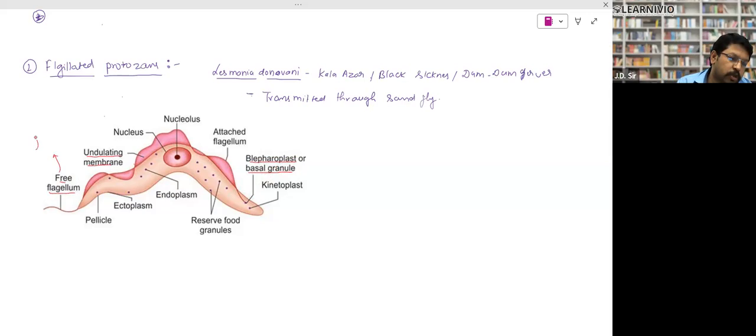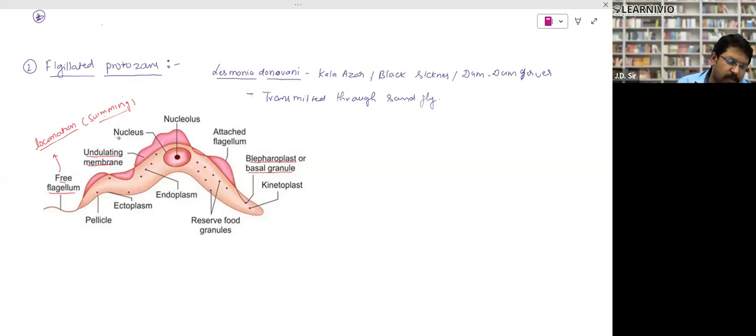Just locomotion, means swimming. So this organism swims in our blood with the help of this. It reaches the brain and causes Kala Azar, black sickness, or dum-dum fever. And this organism is transmitted through the sandfly.